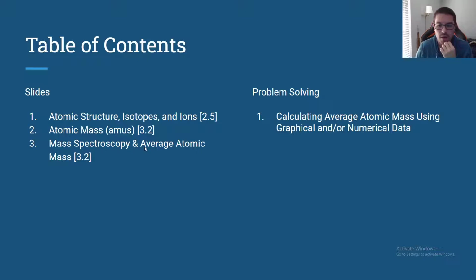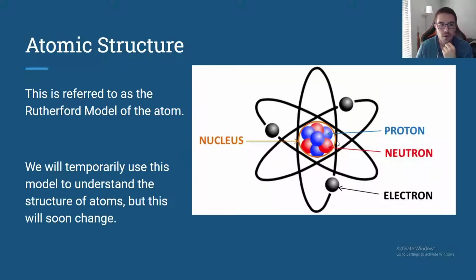Then in the next video, the problem solving or example problem video, I'm actually going to show you how to use data from mass spectroscopy to calculate the approximate average atomic mass for an element. And you're going to be able to do that with graphical or numerical data. A lot of this video should actually be review from your chemistry class last year.